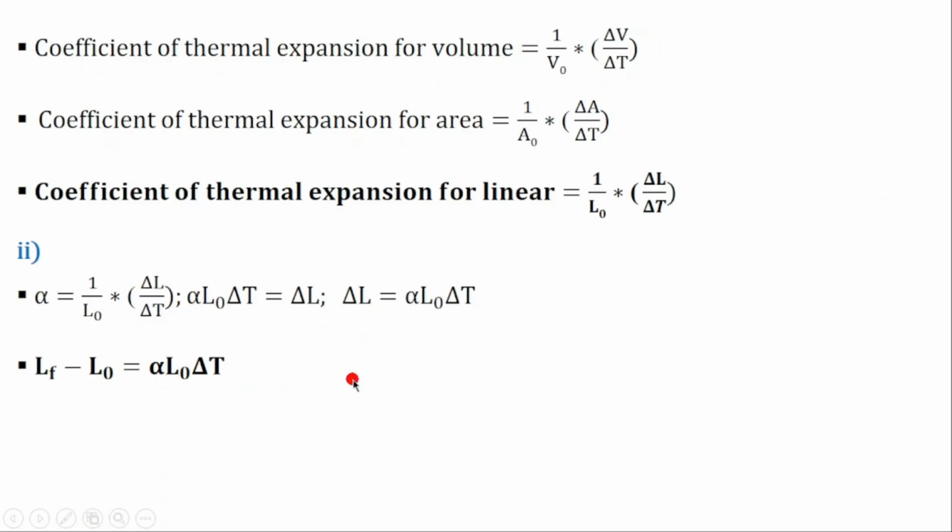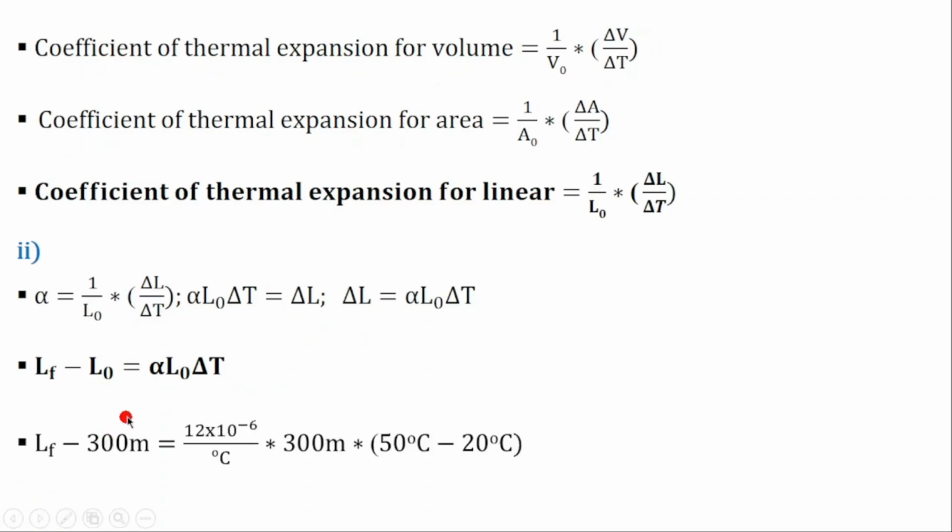The LF we don't have. The initial one, we have the iron rod which has 300 meters as the initial length. Alpha was given as 12 times 10 to the power negative 6 per degree Celsius, times the initial length, which was given as 300 meters.